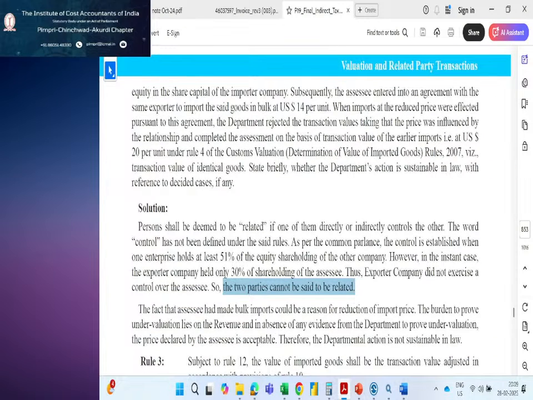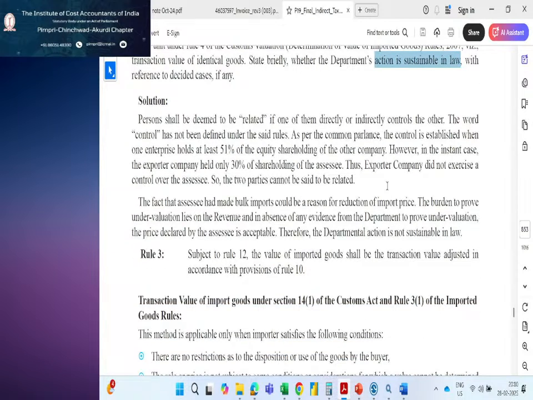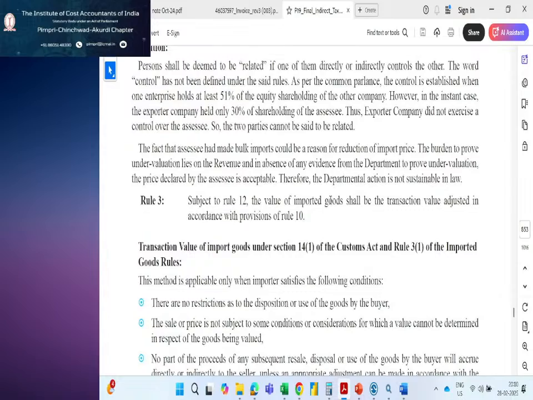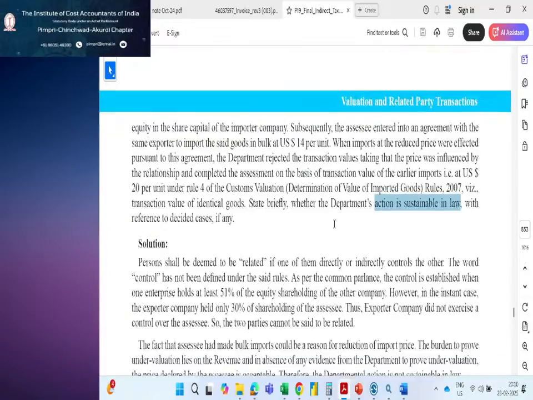The exporter company held only 30%, and the fact is the bulk imports could be a reason for the reduction of the import price. So the departmental action is not sustainable in law. This way we can present it. This is just for our understanding about the meaning of related person here.